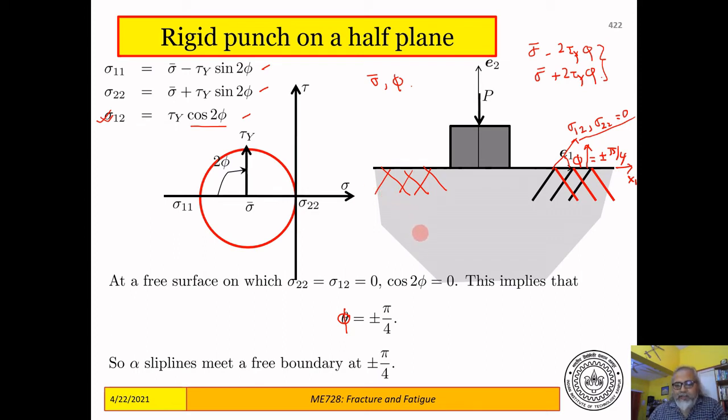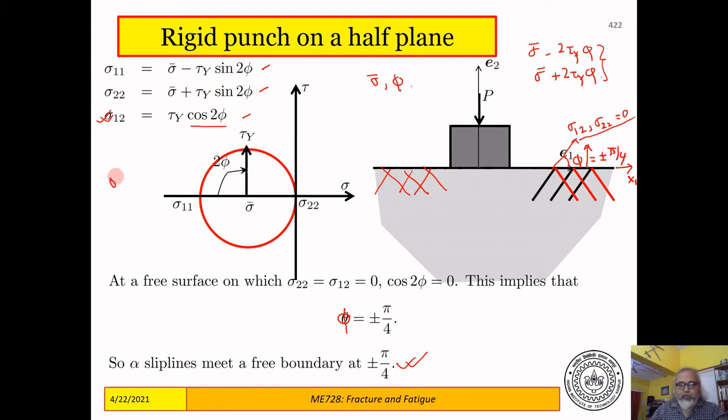So the alpha slip lines will meet the free boundary at an angle of plus minus pi by 4. Now, in this case, if phi is equal to pi by 4 close to the free surface, then sine 2 phi is sine pi by 2, which is 1.